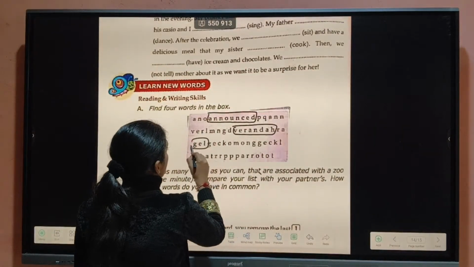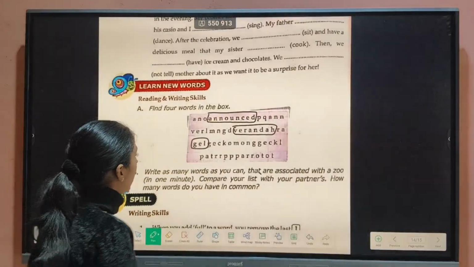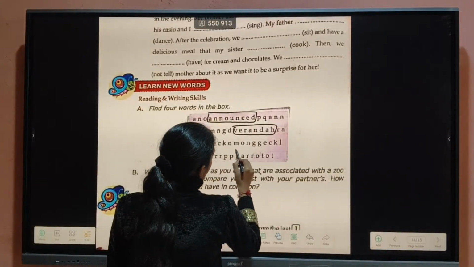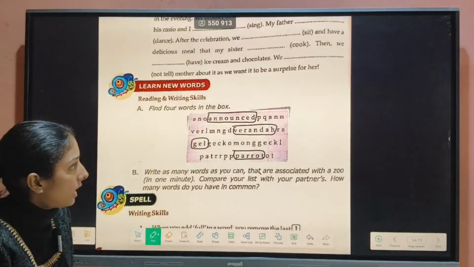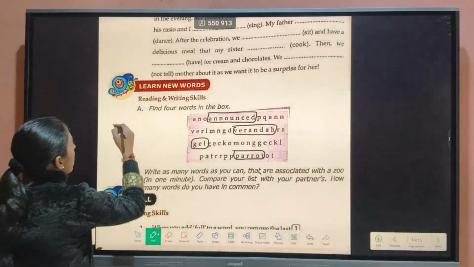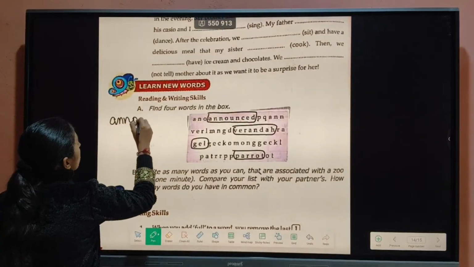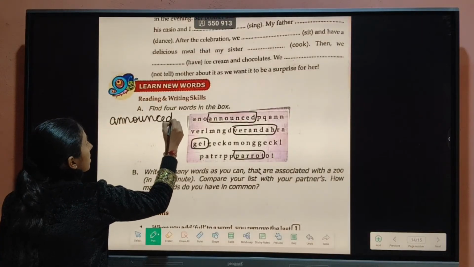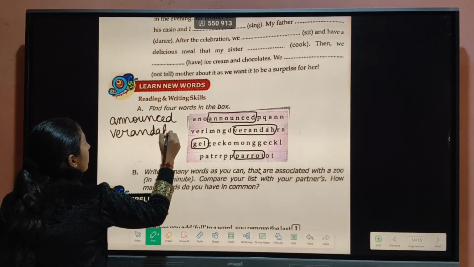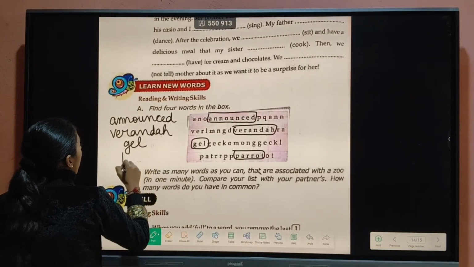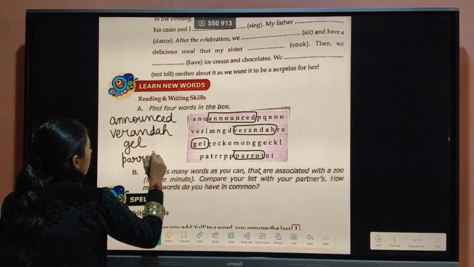Now in third, gel, GEL. Now in last one, parrot, PARROT. So these 4 words are there. Announced, veranda, gel and parrot. Okay.